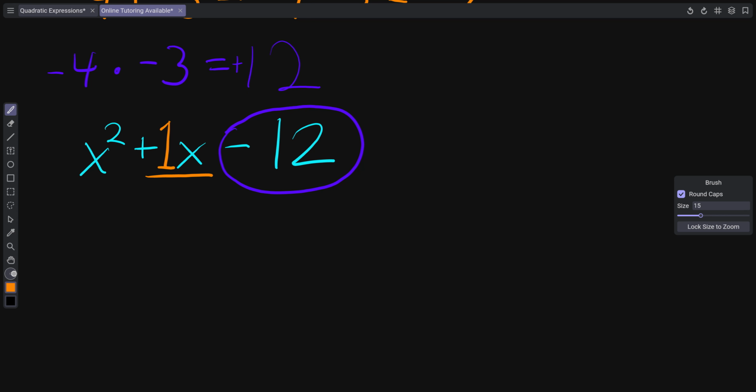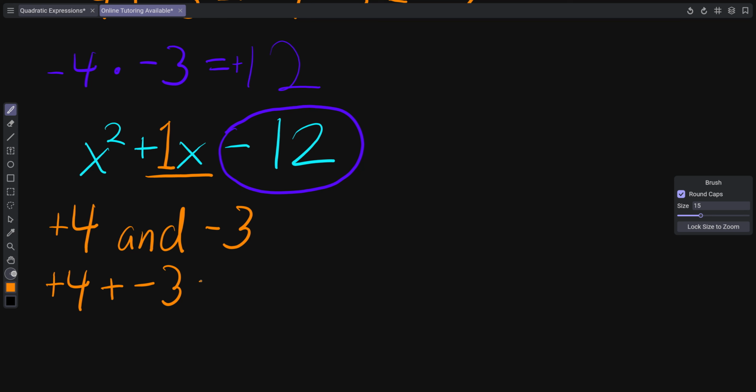And if we choose the numbers positive 4 and negative 3, this will give us something that when we add them, so we take positive 4 and we add a negative 3 to it, which is really just like subtracting 3, so we have 4 minus 3. This actually gives us the positive 1 that we're looking for.